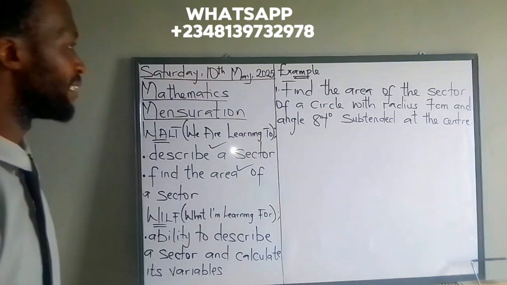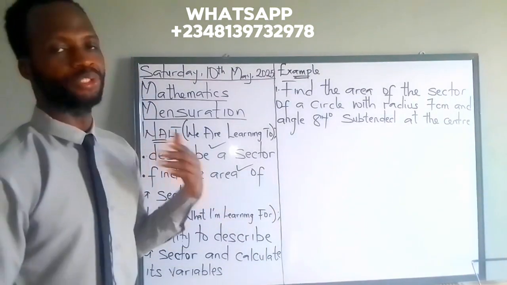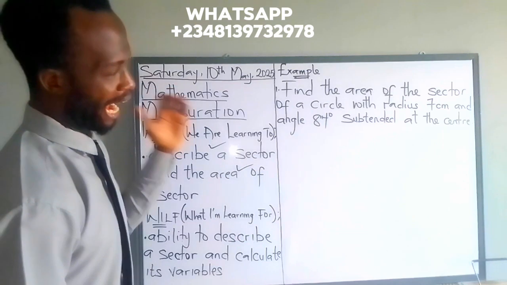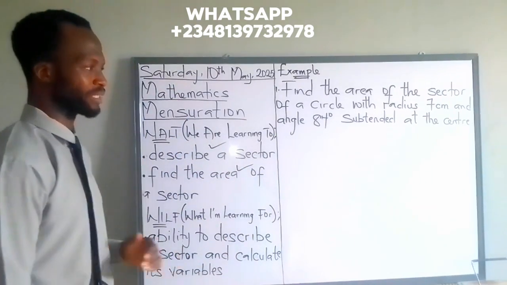So let's find the area of the sector of a circle with radius 7 centimeters and angle 84 degrees subtended at the center.